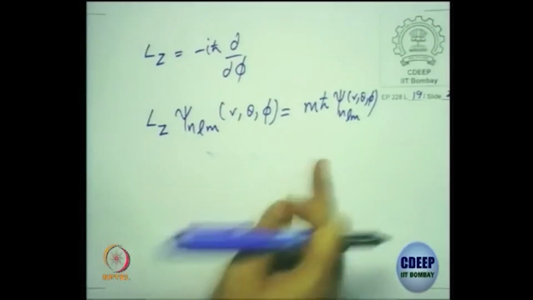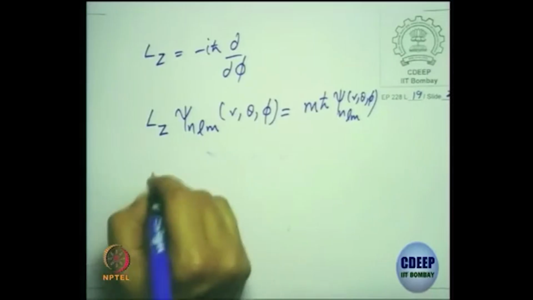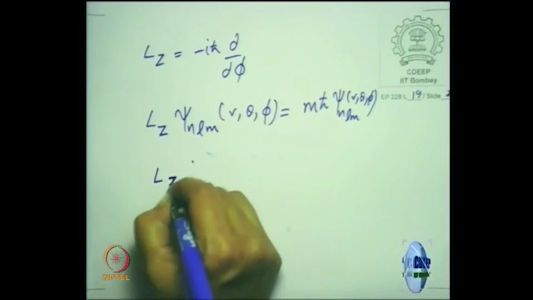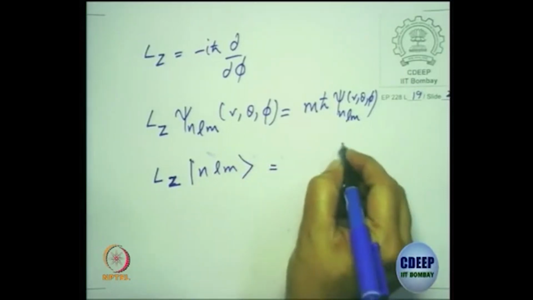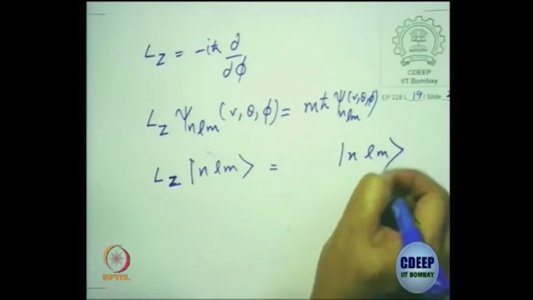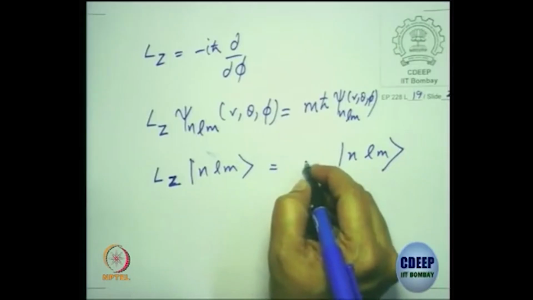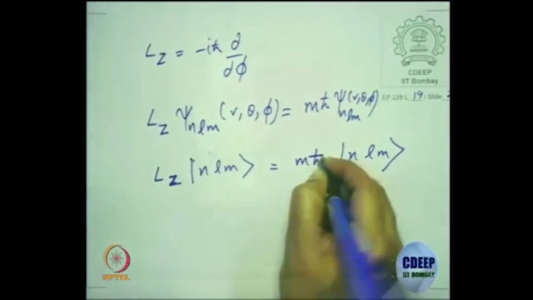That's why that h cross is coming. So now in the Dirac notation, can I write this? Is it an eigenstate with eigenvalue M h cross?